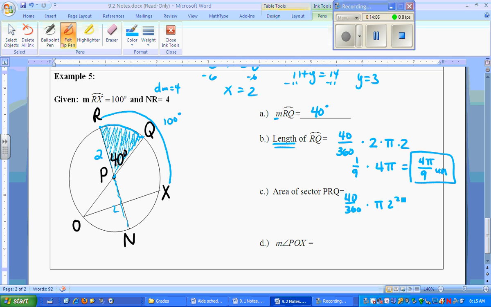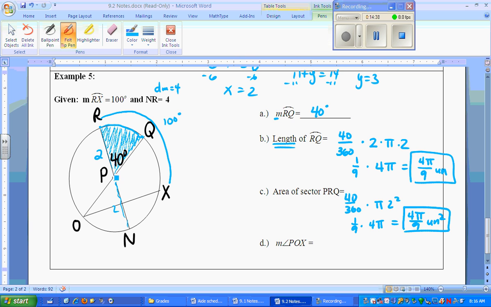We have 1/9 times 2 squared, which is 4 pi. Which, by coincidence, check that out, the area of the sector is the same. Weird. That'd be a great always, sometimes, never question. Think about it.